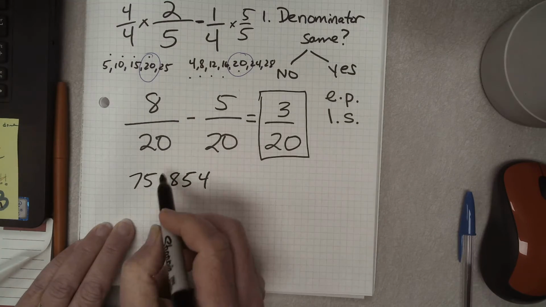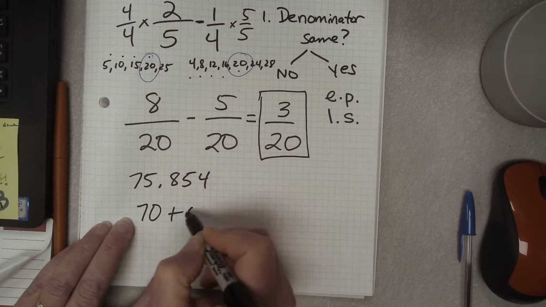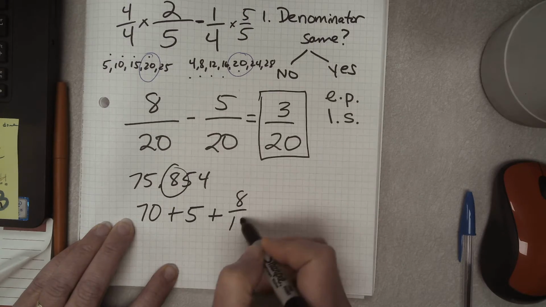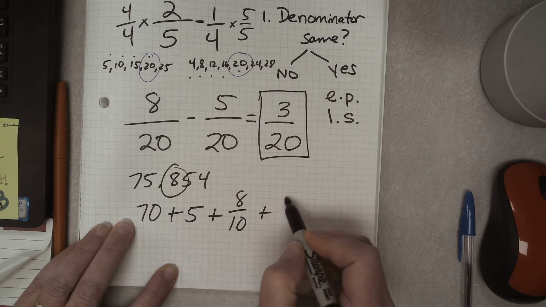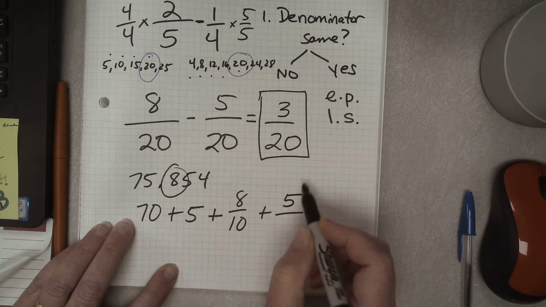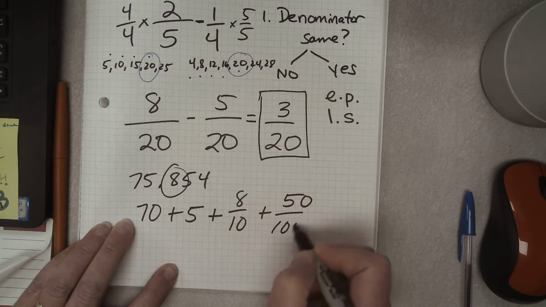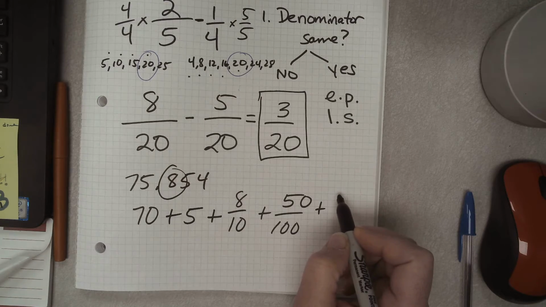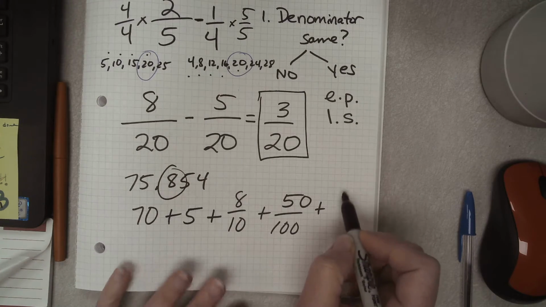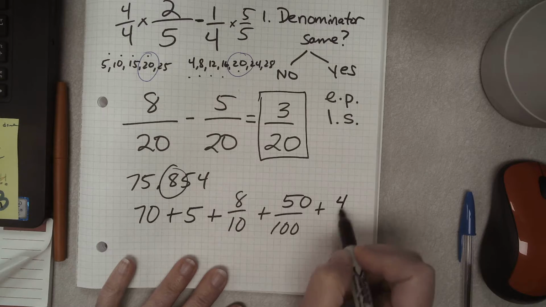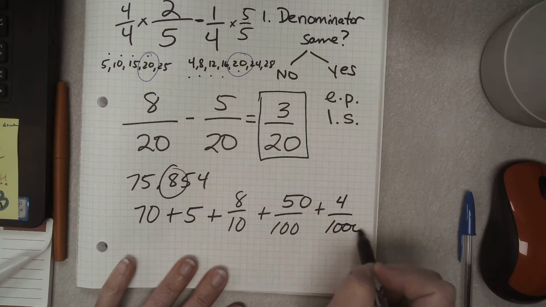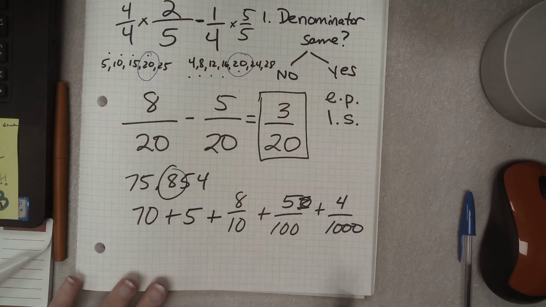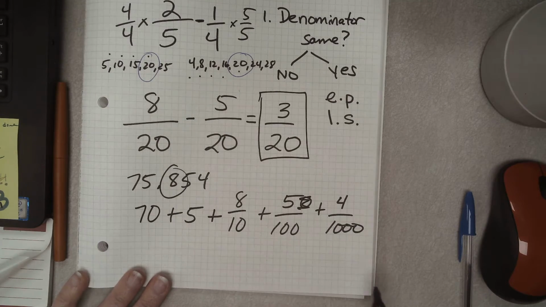Okay, so I have 70 plus 5 plus, what is this? 8/10 plus 5/100, plus 4/1000. So 8/10, 5/100, 4/1000.